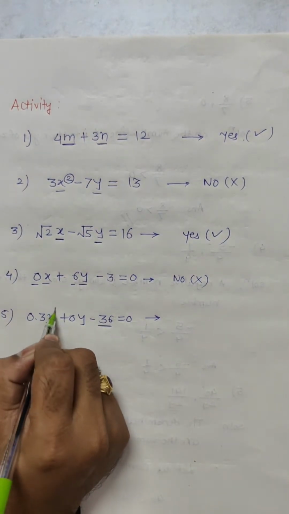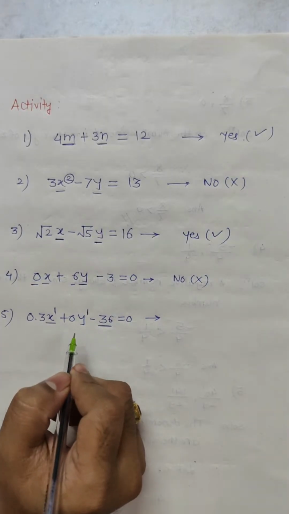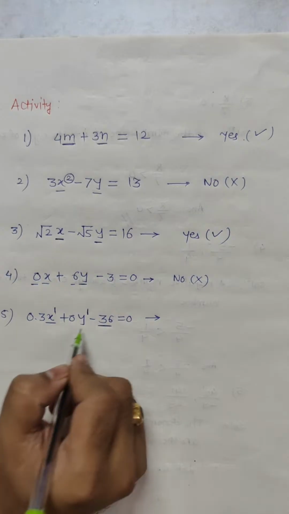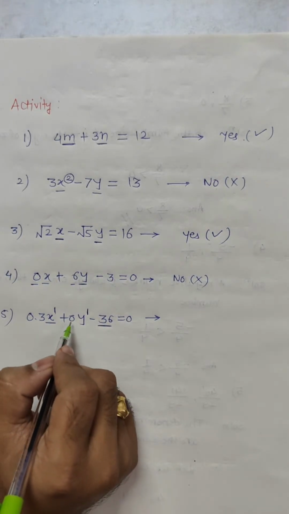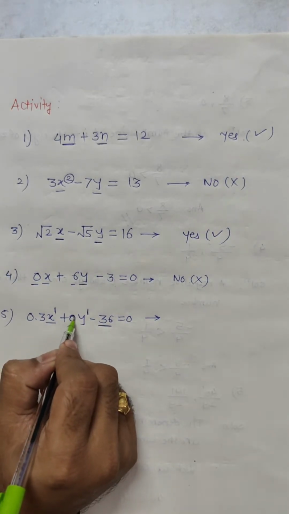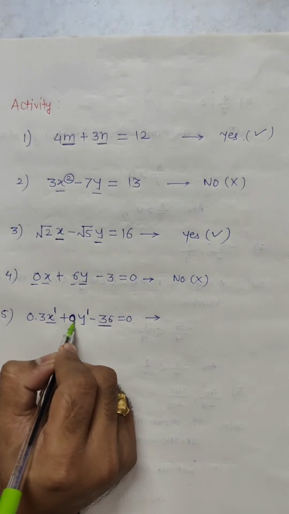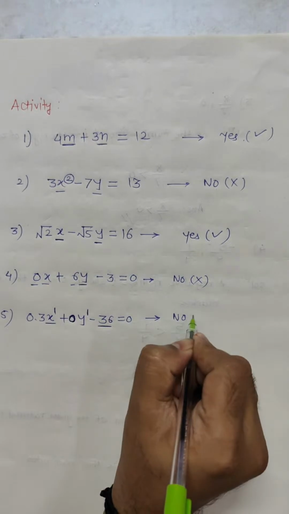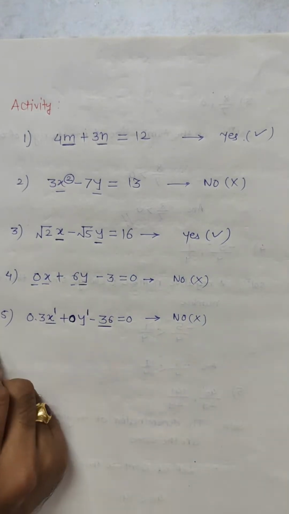Here the index of both the variables is 1, two variables are given to you, but the coefficient b is given to you as 0. So this is not a linear equation in two variables.